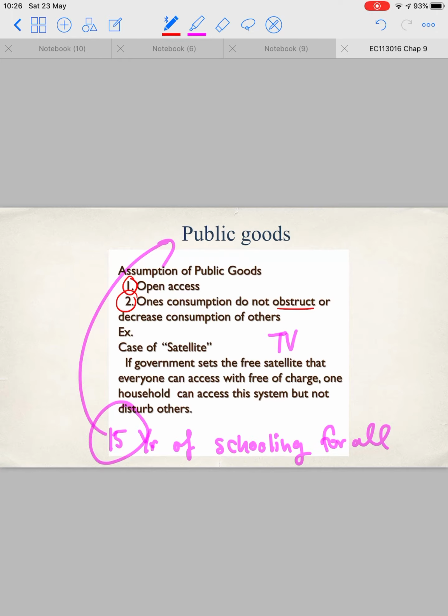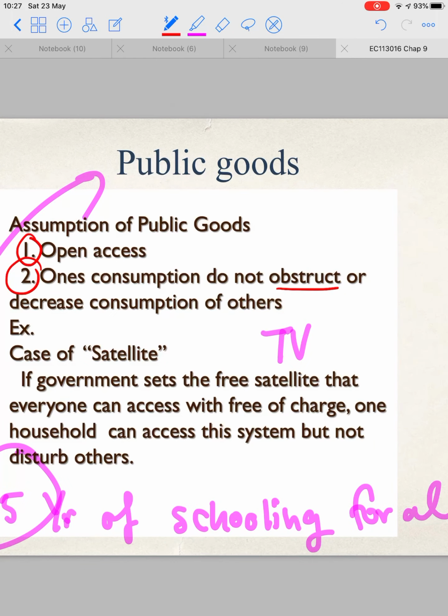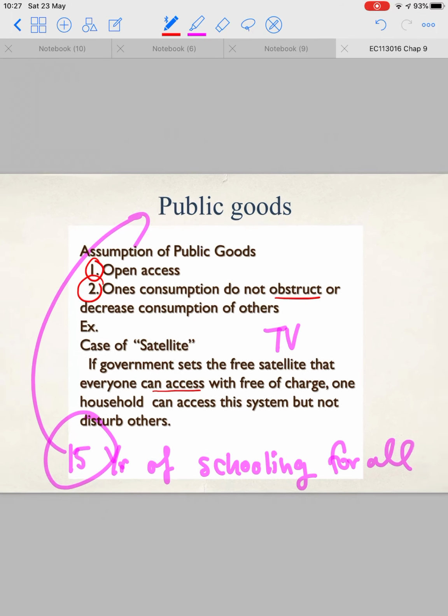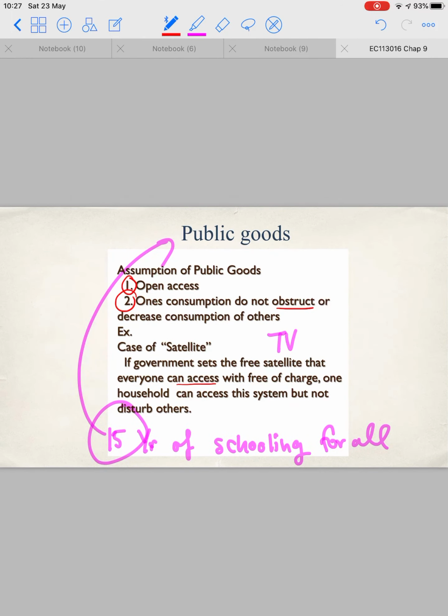For example, if the government sets up free satellite TV that everyone can access free of charge, one household can access this system without disturbing others. So the policy is 15 years of schooling for all.